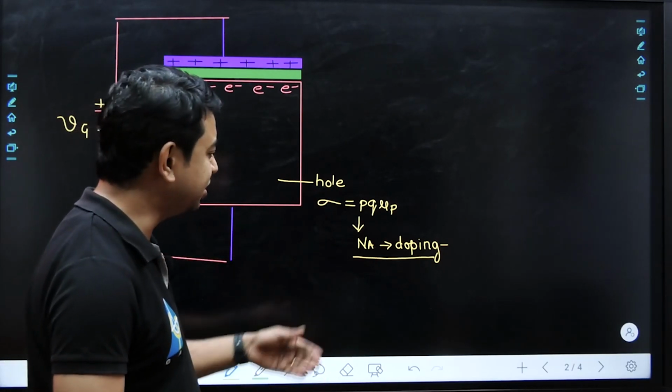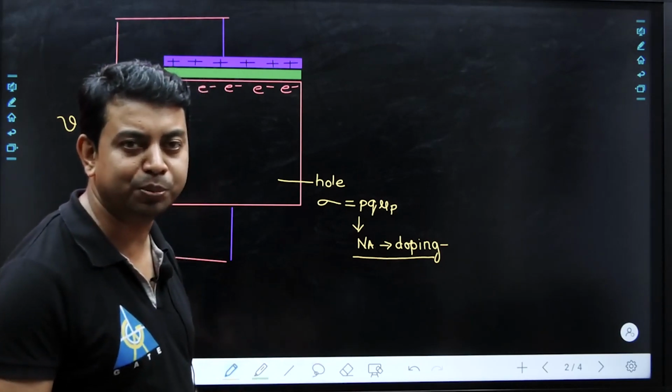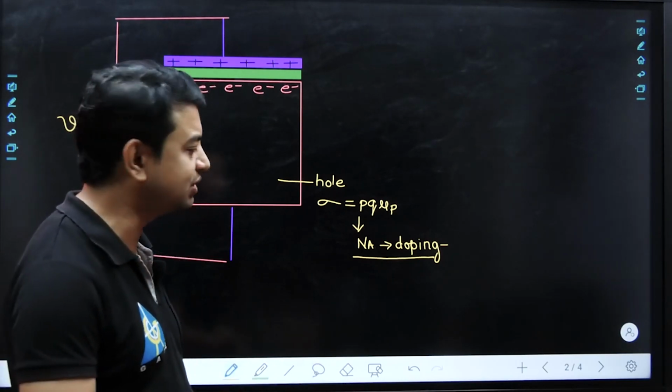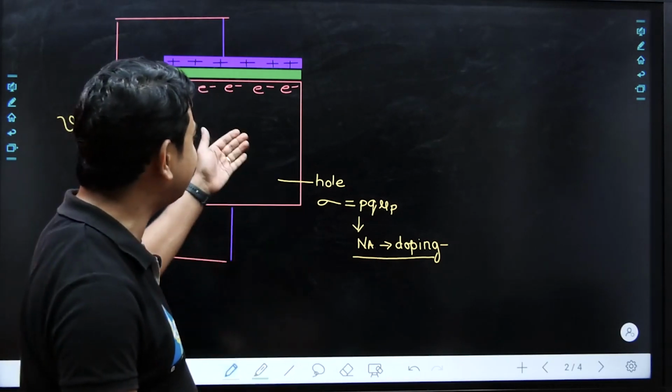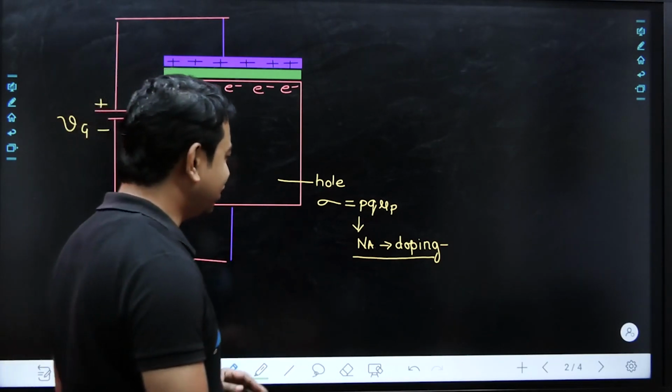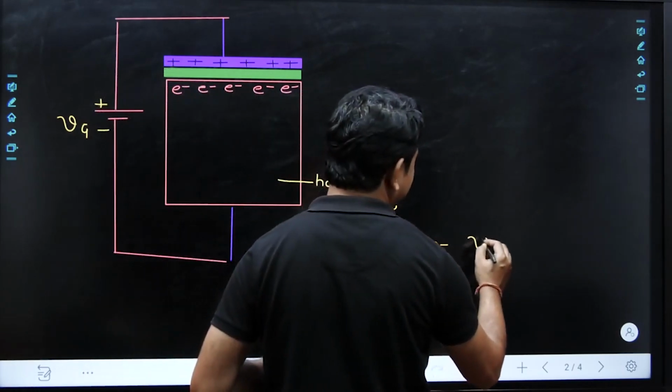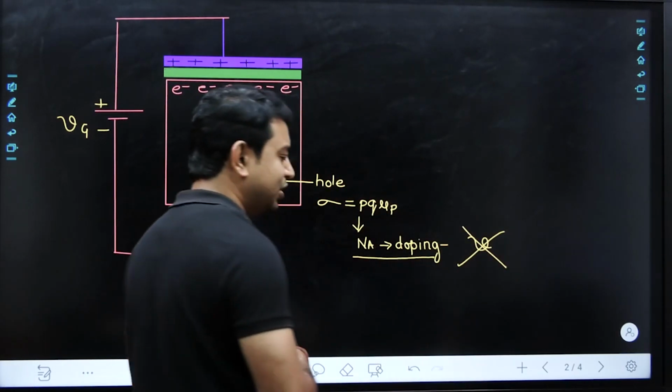We just use the process of doping. Doping is the addition of external impurities. So we just use doping to increase the conductivity of the semiconductor. If we use this, there is no use of voltage.